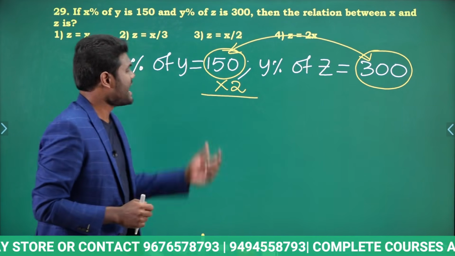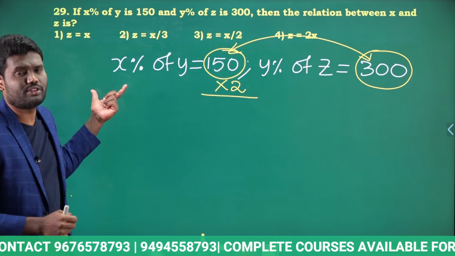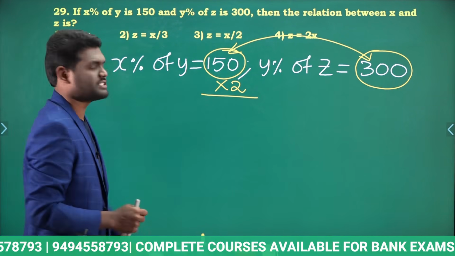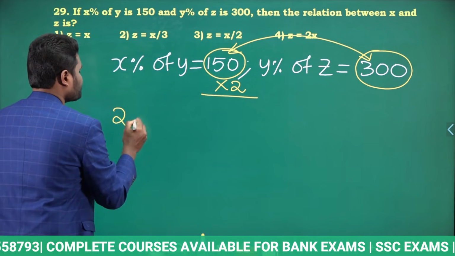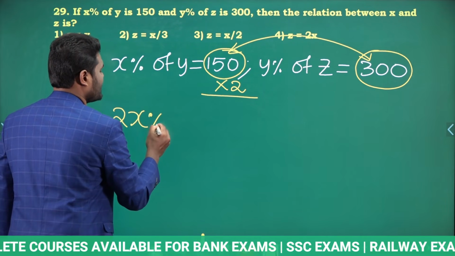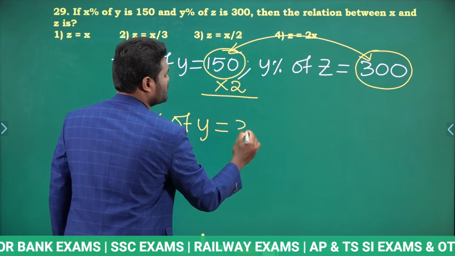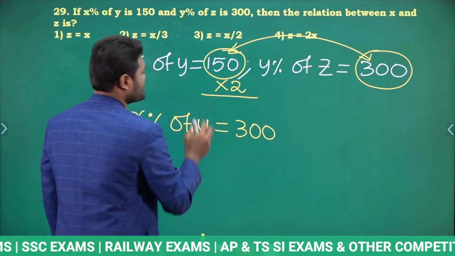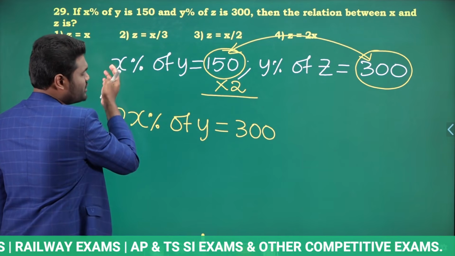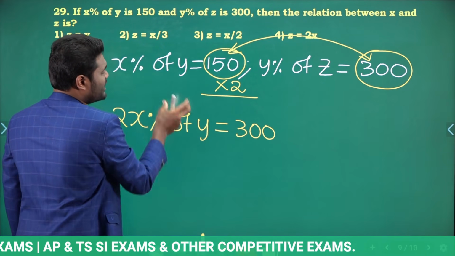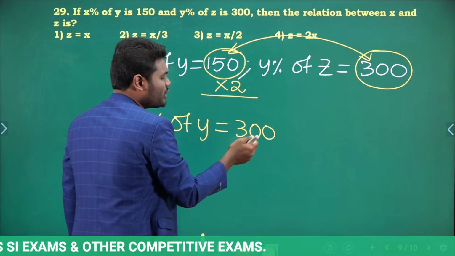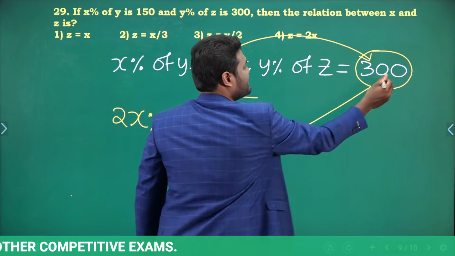To make it 300, I need to multiply the whole equation with 2. When I multiply the whole equation with 2, it is going to be 2x percent of y is equal to 300. Now look here, even this is 300 and this is 300.